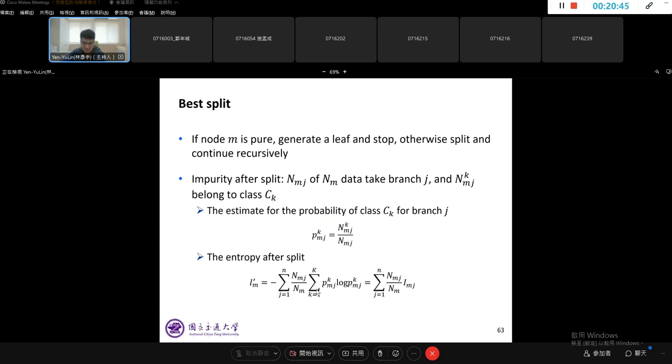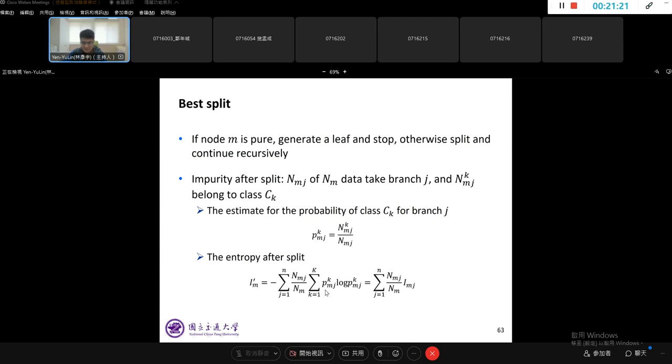Let's look at the meaning of the second sum operator. It is over classes. So actually, together with the negative sign, it is the definition of entropy for branch J. As you can see, we consider P_MJK log P_MJK. So it is the definition of entropy if you consider the second sum operator together with this negative sign.